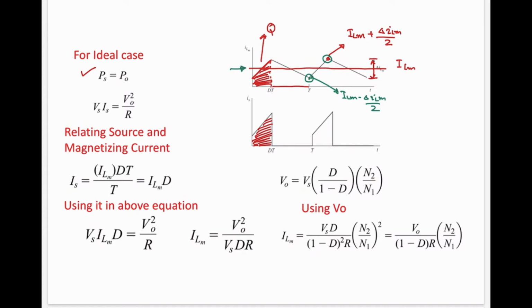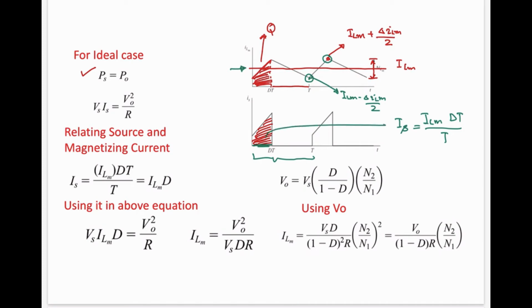Right? So average current is ILM, and that is going to exist for the on interval dt. So multiplying it with dt, we will get the area when your switch was in the on state, and then taking its average over the complete cycle from here to here, so dividing it by t, we will get the average supply current.